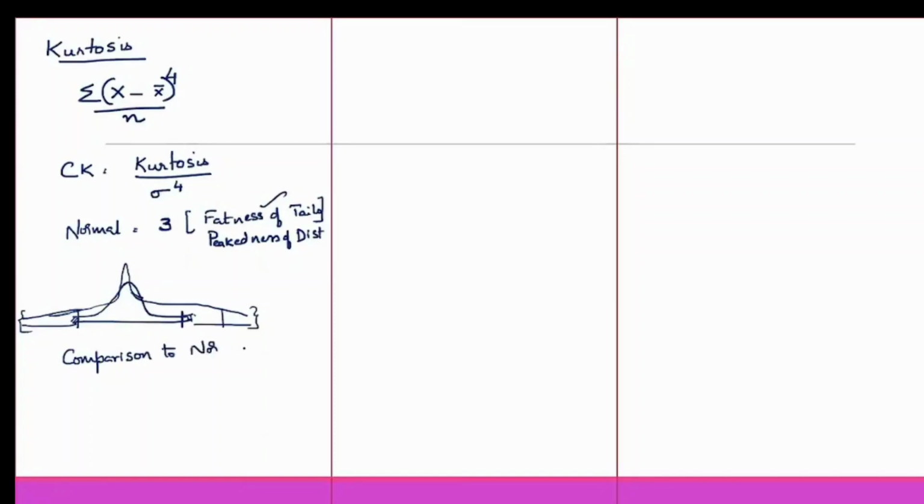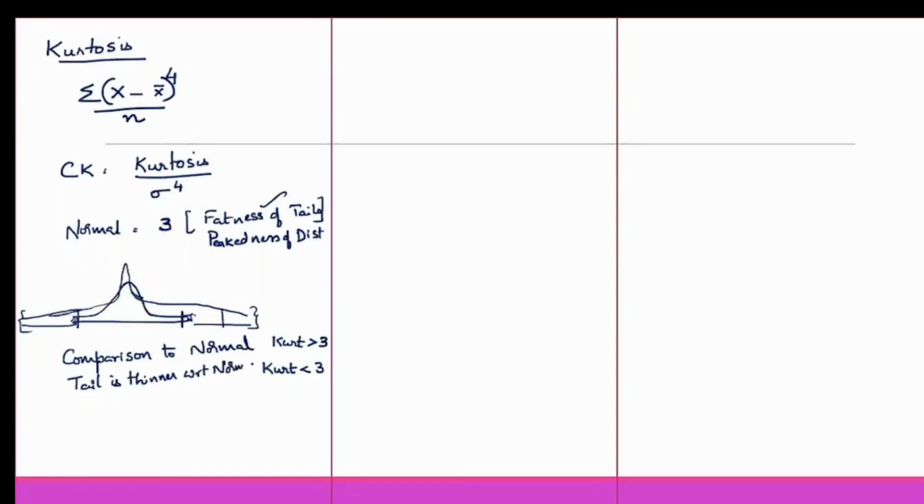The tail is much fatter with respect to the normal distribution if the kurtosis is greater than 3. And if the kurtosis is less than 3, then we say the tail is thinner with respect to the normal distribution.